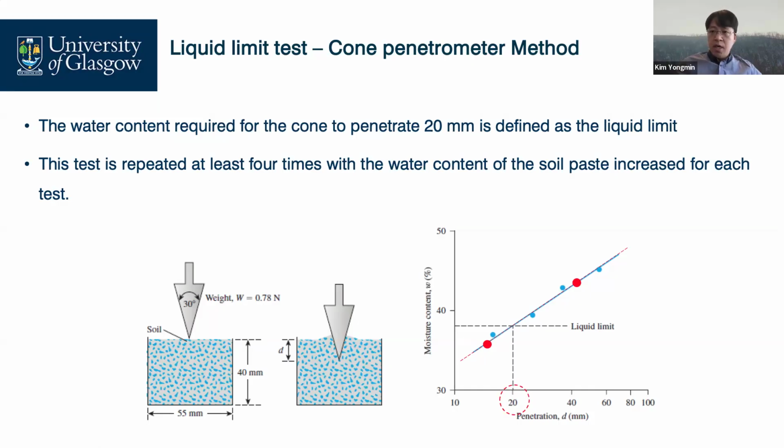You bring your 3 different cups, fill them up, and test them. Then you plot it and draw the straight line. Each test has a different water content, so you get more than 3 points like this and draw the straight line to capture the water content corresponding to 20 mm penetration depth.